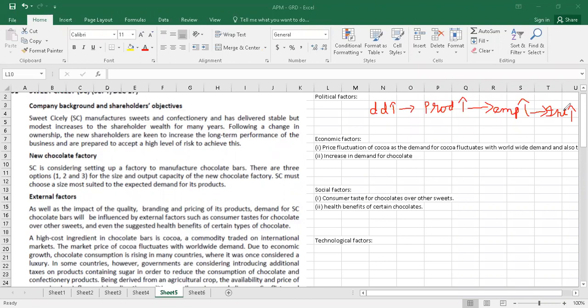Because of the growth, because of more income available with the people, they are now able to consume more chocolates. So this is definitely an economic factor.